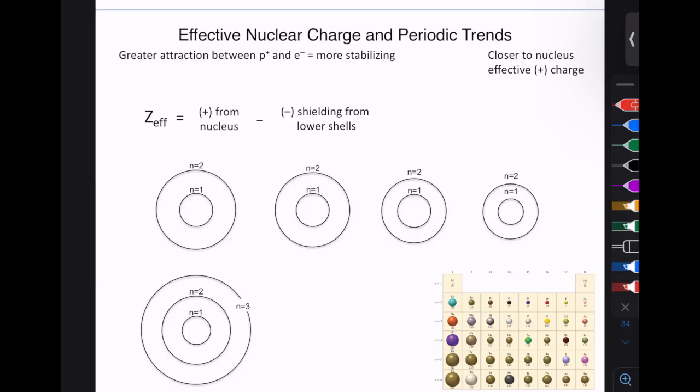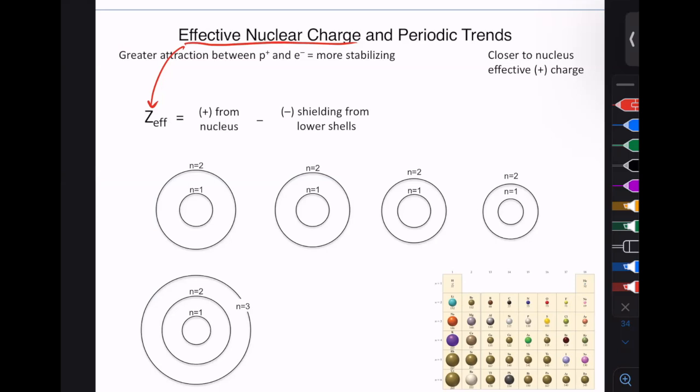You can also think of that as just how much positive charge are the electrons seeing from the nucleus. That's what we call the effective nuclear charge, or Zeff. Right, and up here, it's just reminding you the greater attraction between the positively charged nucleus or protons and the negatively charged electrons, the more stable you are.